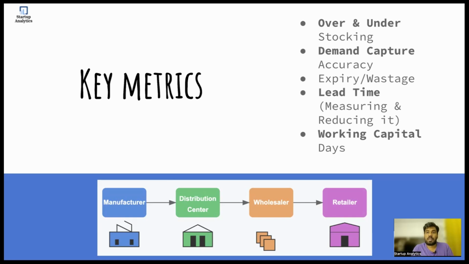Another parameter is a metric called lead time. This is the time taken between, let's say, you want to increase the stock or the inventory in your supply chain, right? How long does it take for you to actually make that happen and move those goods through your supply chain?